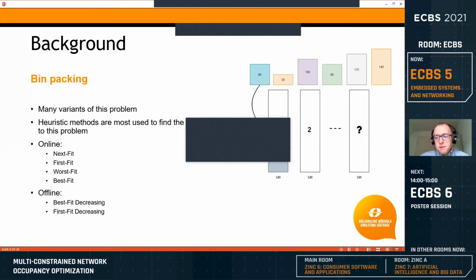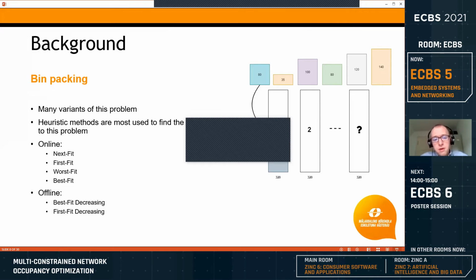It was a natural thing to model our problem as a bin packing problem. There are many variants of this problem, but generally one tries to fit a finite number of data items into a finite number of bins, so that the bin size is utilized as much as possible.